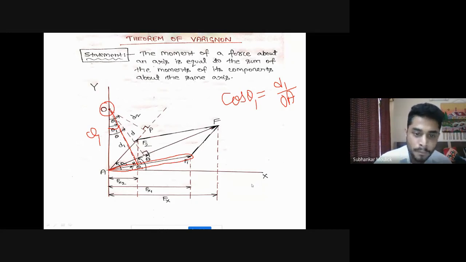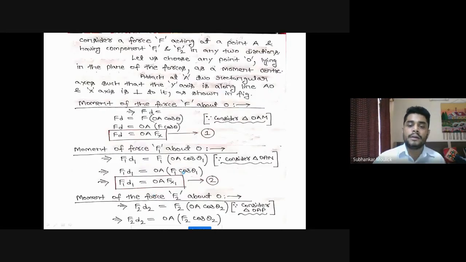It will have two components, and I am interested in the x component Fx1, which will be F1 cos theta 1. So in place of F1 cos theta 1, you can write Fx1. The final equation becomes F1 D1 is equal to OA Fx1, equation number 2. Any doubt in equation number 2? No, sir, no doubt.